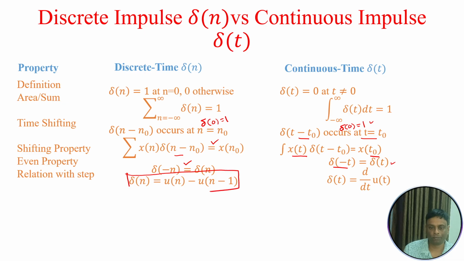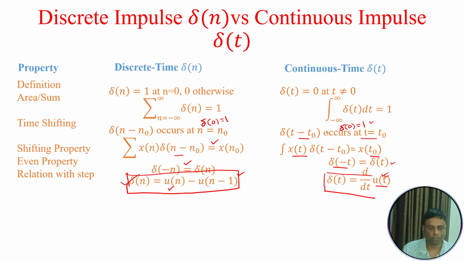Similarly, delta of t is the derivative of u of t, where u of t is the step function. This is the relationship between discrete time delta of n and u of n, and this is the relationship between continuous time delta of t and u of t.